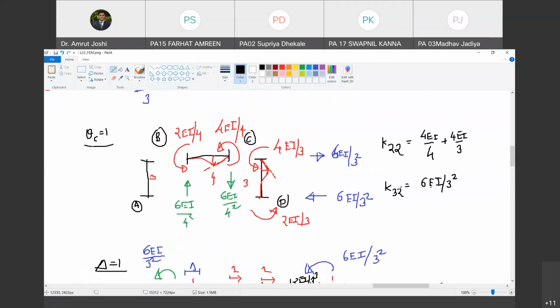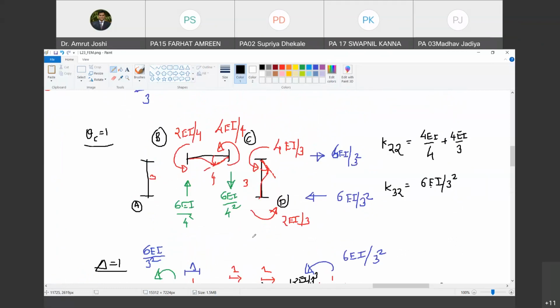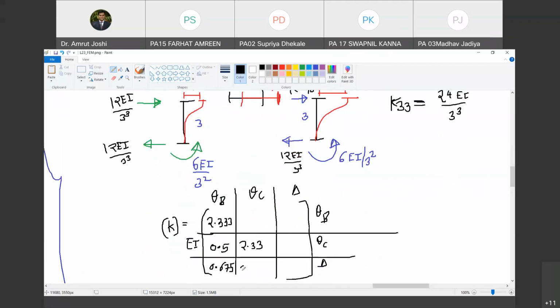Can you tell me what is K32? It is 6/3 square. So it is 0.675. Happy? Yes, sir. And what is K33? 24/3 cube. Tell me how much is 24/3 cube? Sir, 24 by 2.67.